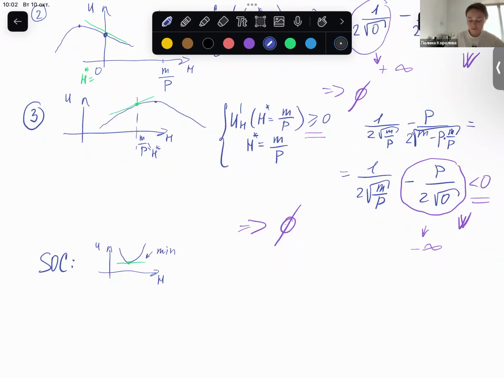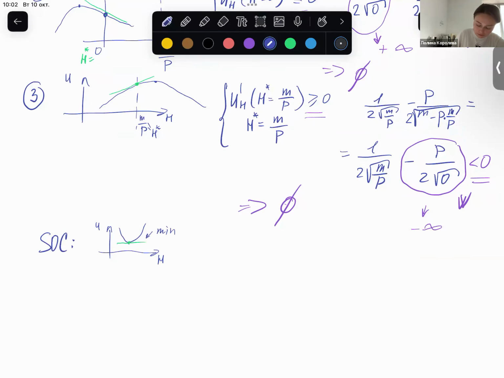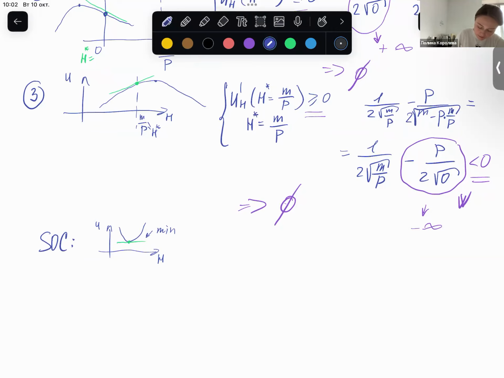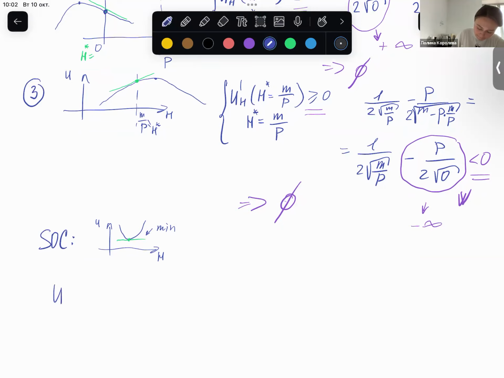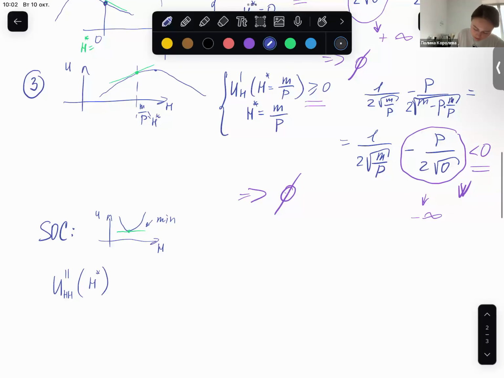For maximum, as you remember, the second derivative in this actual point should be less or equal than 0. We will not check this right now, but you should do it in your homeworks or in classes or when you will write midterm or exam. So the second derivative in this actual point that we found from first order condition should be less or equal than 0.